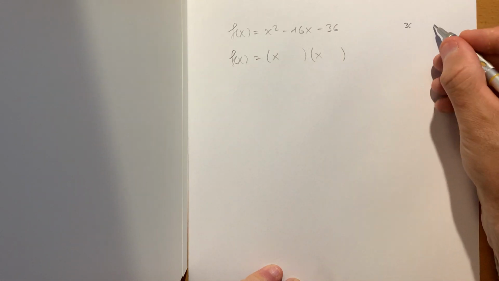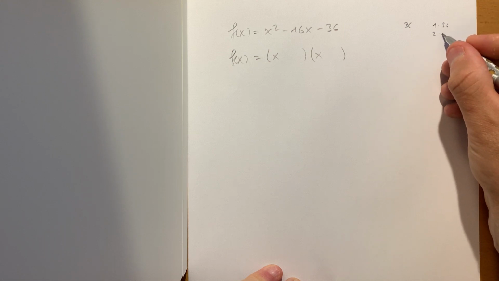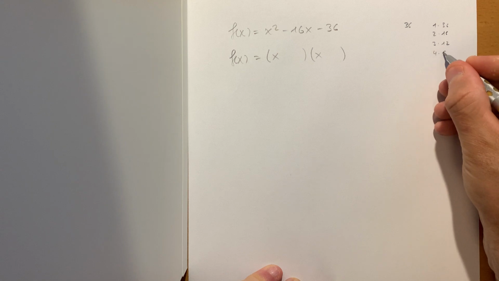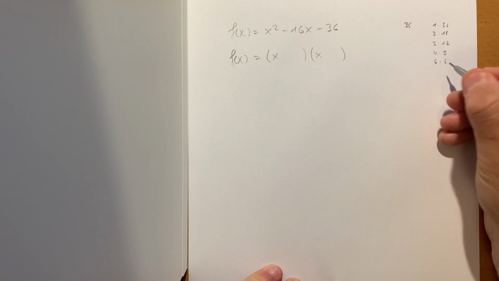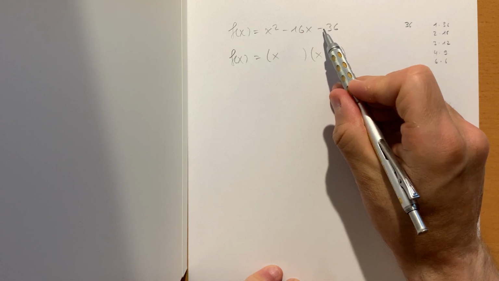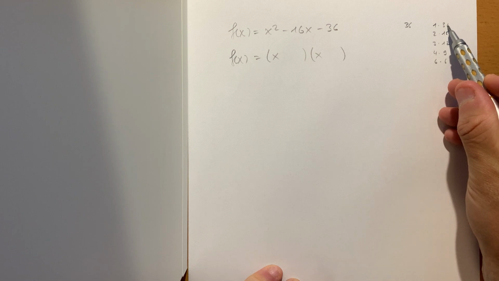So 36 could be 1 times 36, 2 times 18, 3 times 12, 4 times 9, and 6 times 6. You need a minus 36 here, so you have 1 and minus 36, and minus 1 and 36.